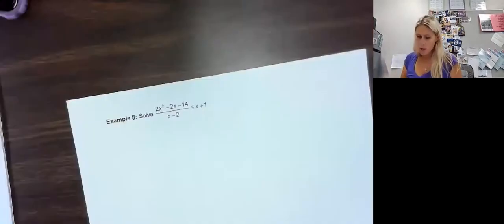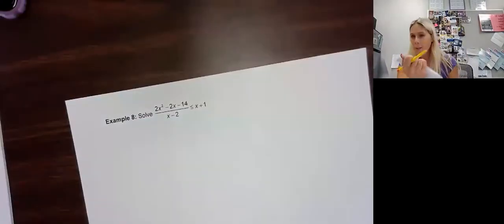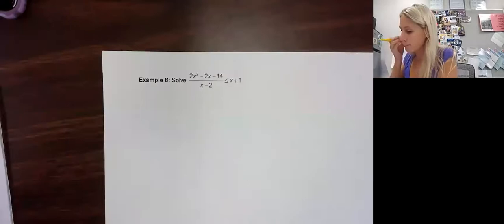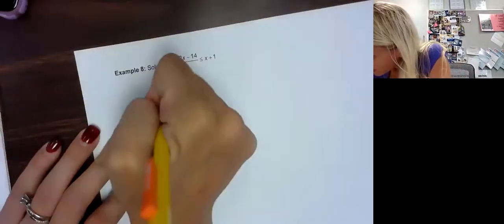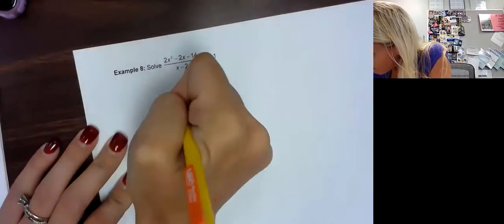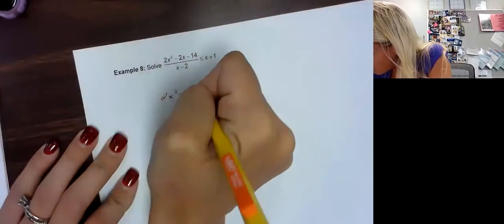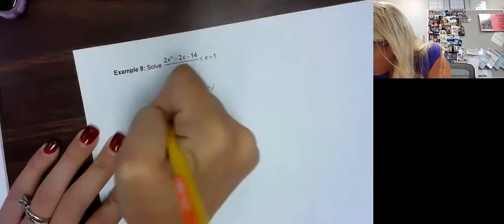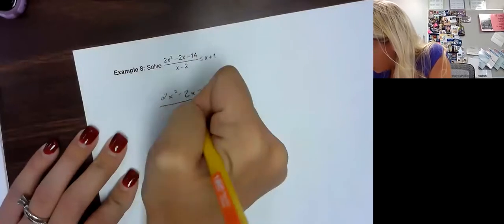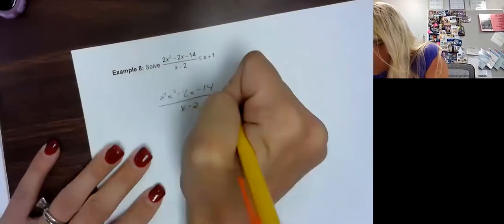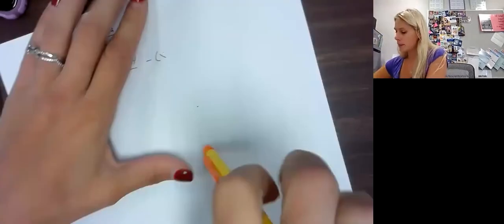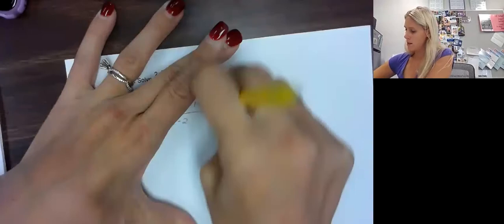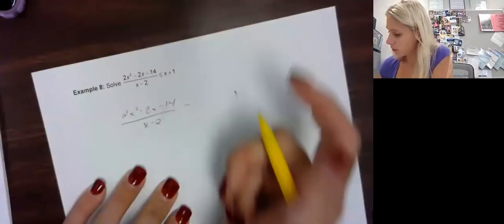All right, one more. Here's our tricky one, okay? So I'm going to move everything over. I get 2x squared minus 2x minus 14 all over x minus 2 minus, well, let me do it this way. I'm going to distribute that negative already, or just move them one at a time.